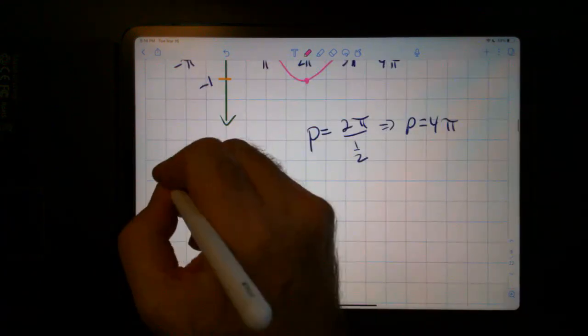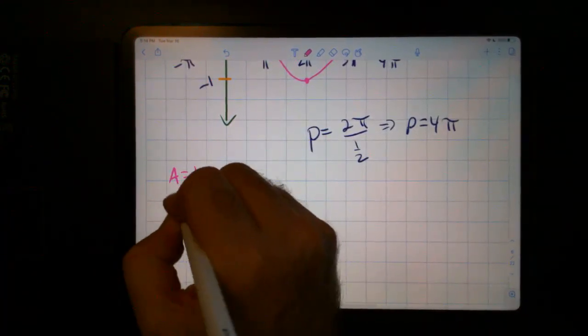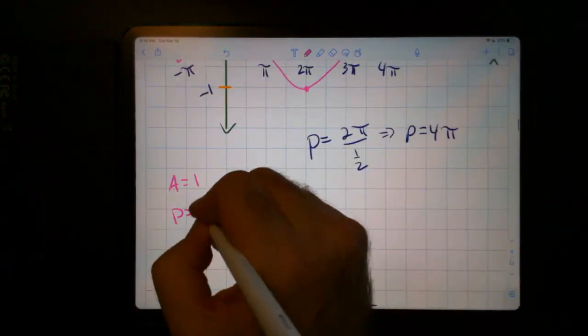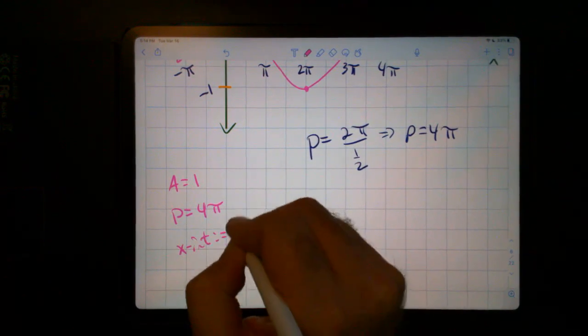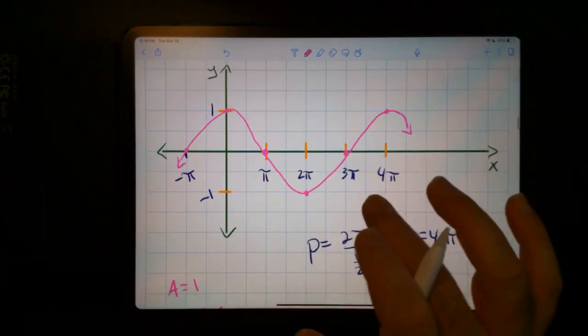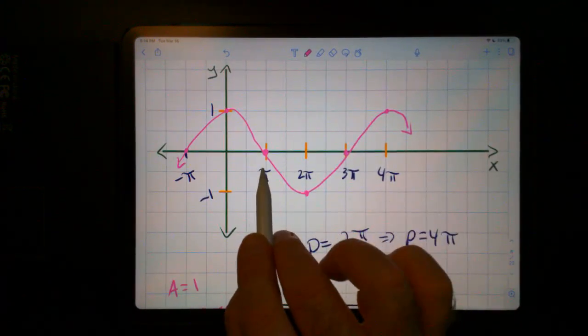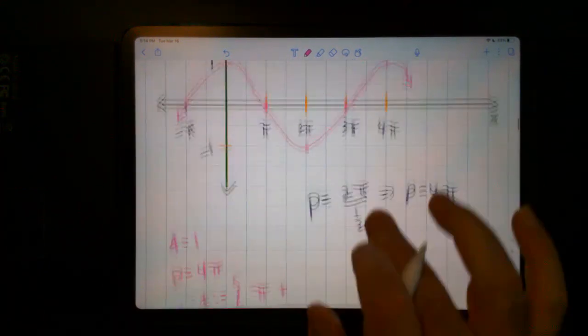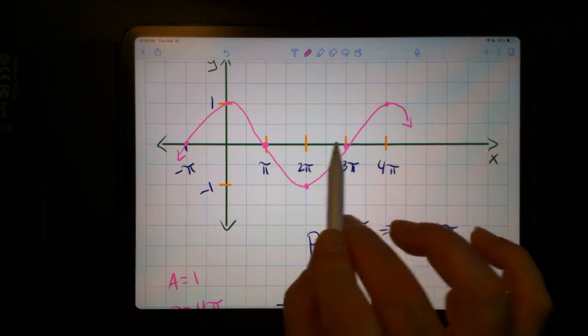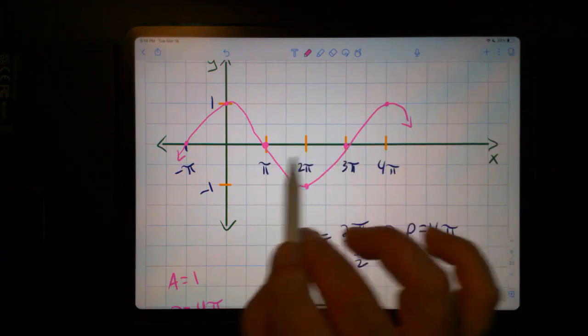Here, the amplitude is 1. Our period is 4 pi. And our x-intercepts here are, we're going to start at pi, and then plus 3 pi's intercept, negative pi.